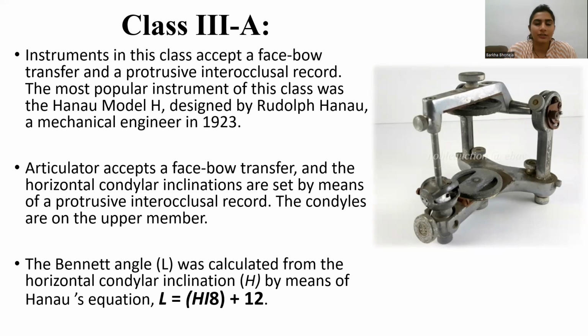The condyles are on the upper member, making it a non-Arcon type of instrument. The Bennett angle L was calculated from the horizontal condylar inclination by means of the Hanau equation, L equals H upon 8 plus 12, as has been stated.